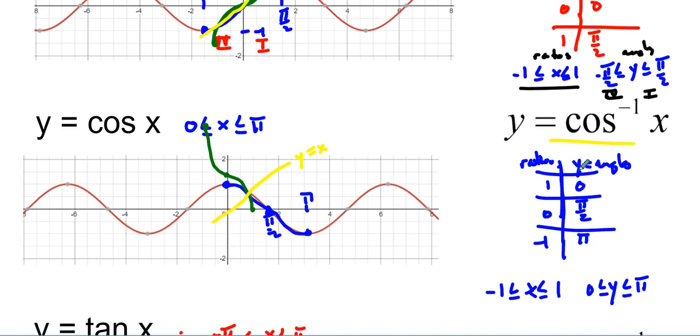For the cosine graph, once again, we have ratios between negative 1 and 1 going in, but we get angles, and this one's a little bit different, that are between 0 and pi, which is basically from the first quadrant into the second quadrant. So with cosine, you get angles that could be 135 degrees, or 120 degrees, or anything between them, but you're not going to get a negative angle.